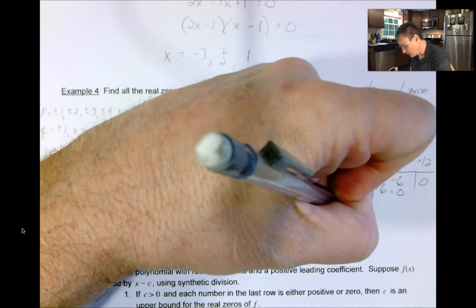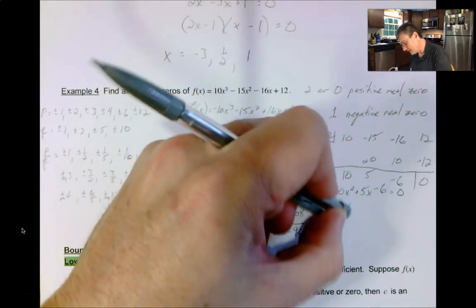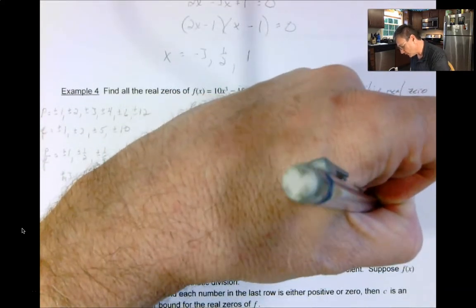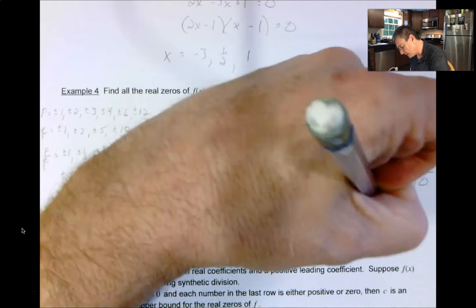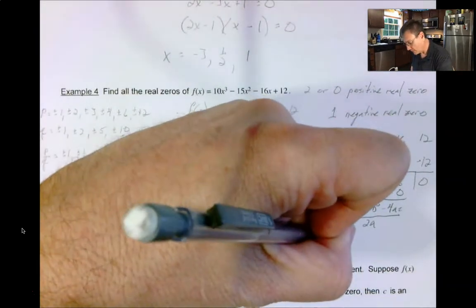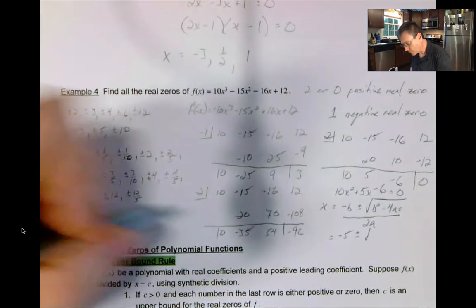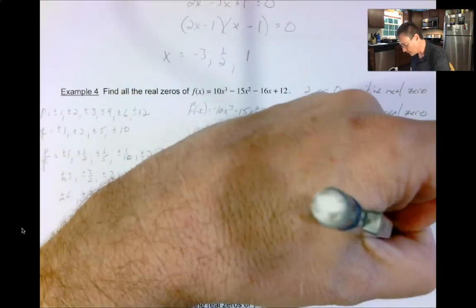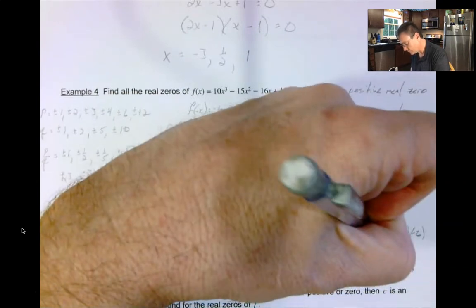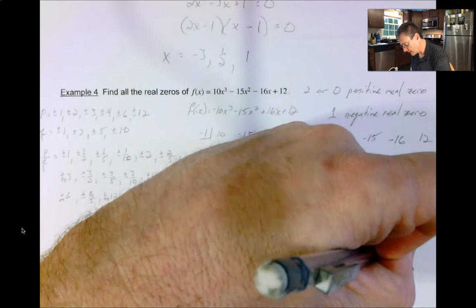X equals, I'm sorry, I'm jumping ahead of myself. Negative b plus or minus square root b squared minus 4ac all over 2a. This gives me negative 5 plus or minus square root 25 minus 4 times 10 times negative 6 all over 2 times 10.